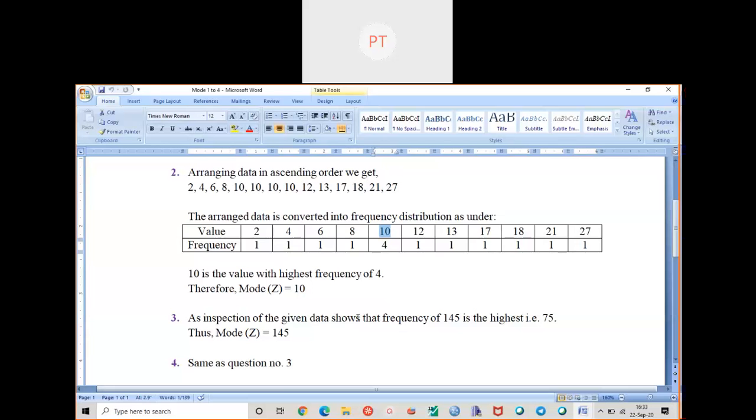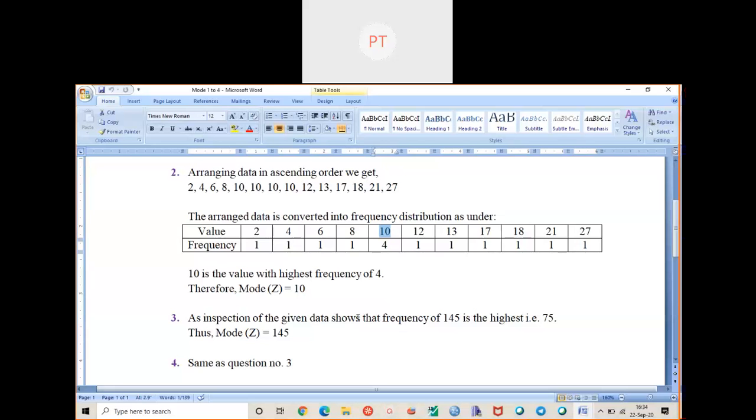The value and the frequency have been provided. You can see here that in question number 3, the maximum frequency is 75. The frequencies are 5, 29, 75, 31, 10, 10, 10, 3, and 2. So the maximum frequency is 75, and that frequency 75 belongs to which value?